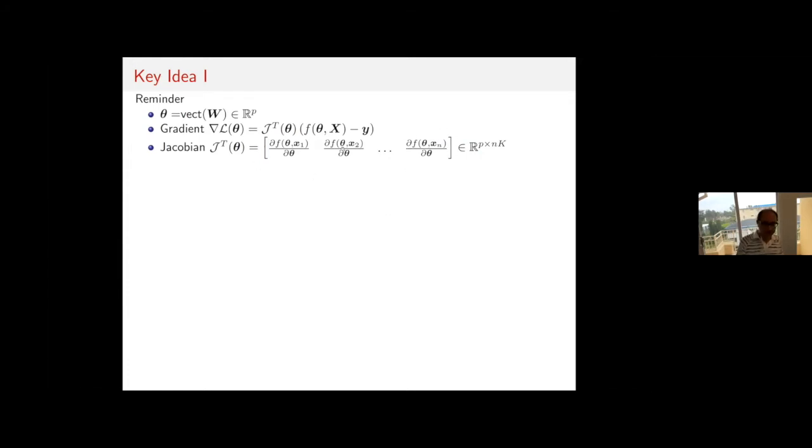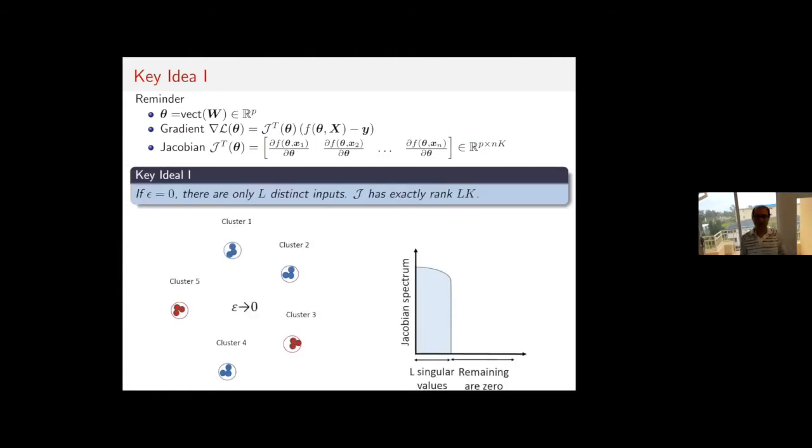So the key idea number one that allows us to prove this is that if you look at this clusterable model, and the data is perfectly clustered, what is easy to show is that, for example, if you have L clusters and everything is exactly on top of those cluster centers, then the rank of this Jacobian is L by K, K being the number of classes, L being the number of clusters.